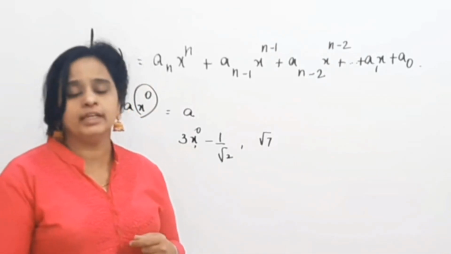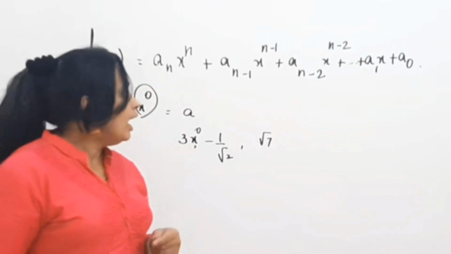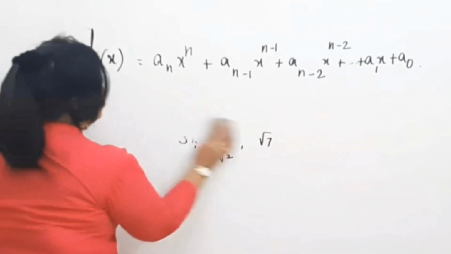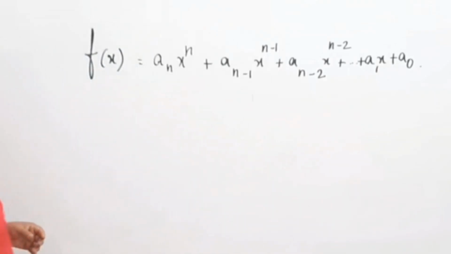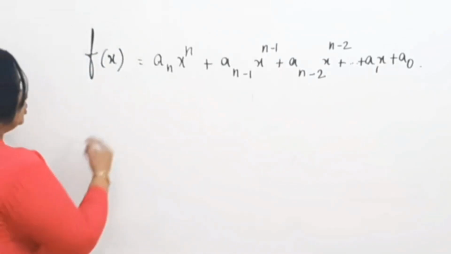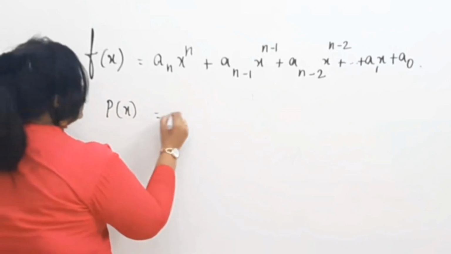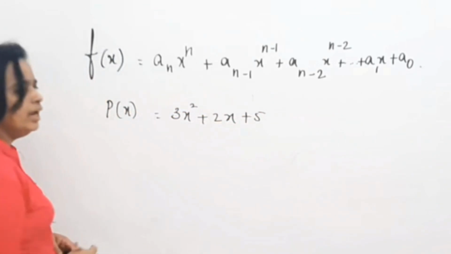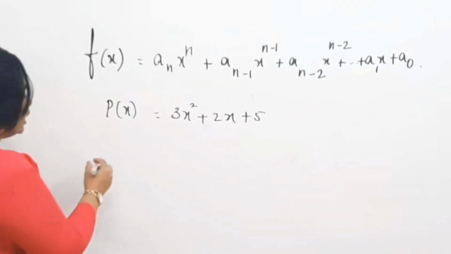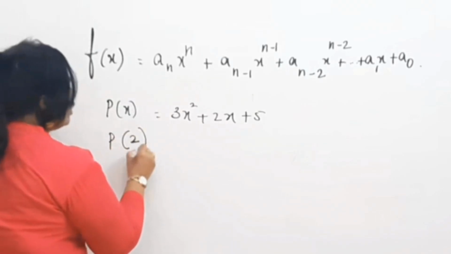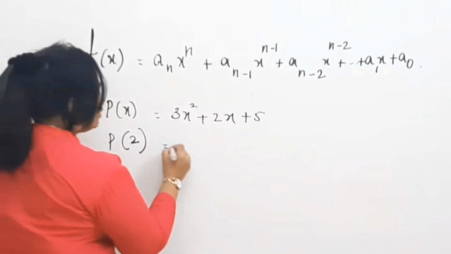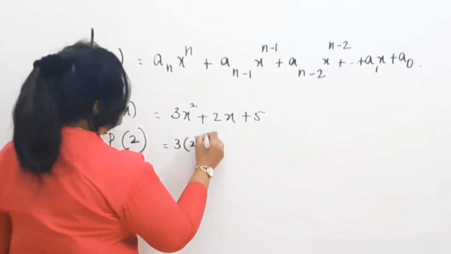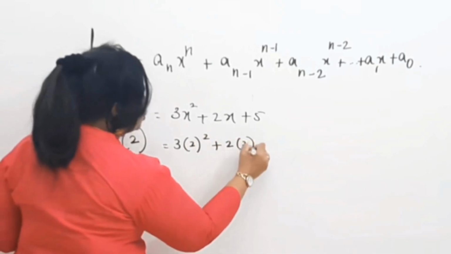Now we move on to the value of the polynomial. I have the polynomial p of x is equal to 3x squared plus 2x plus 5. Now I substitute a value in place of x, suppose 2. So what is the value of this polynomial? That is 3 into 2 square plus 2 into 2 plus 5.